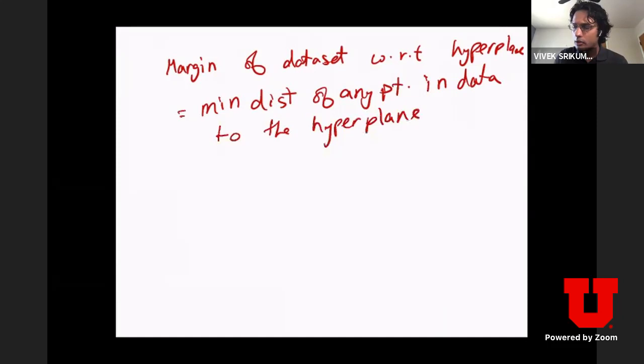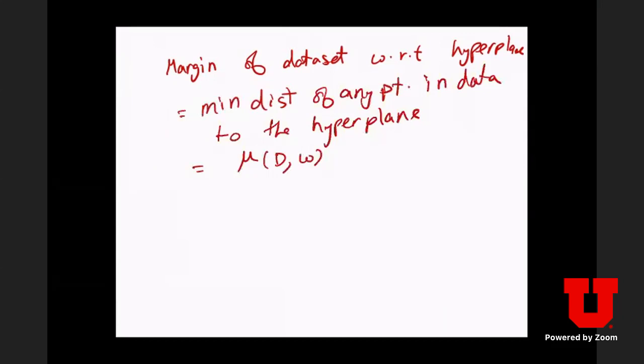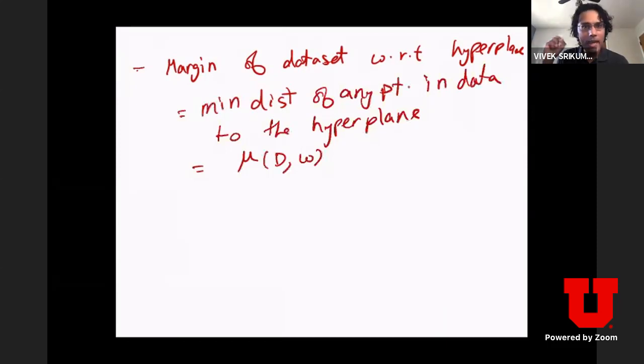Let's give this thing a name, let's call this mu. I've forgotten what notation I use, so I'm just making things up. The margin of a data set with respect to a line, something like that. But this is with respect to a particular hyperplane. What the question is asking is the margin of a data set.